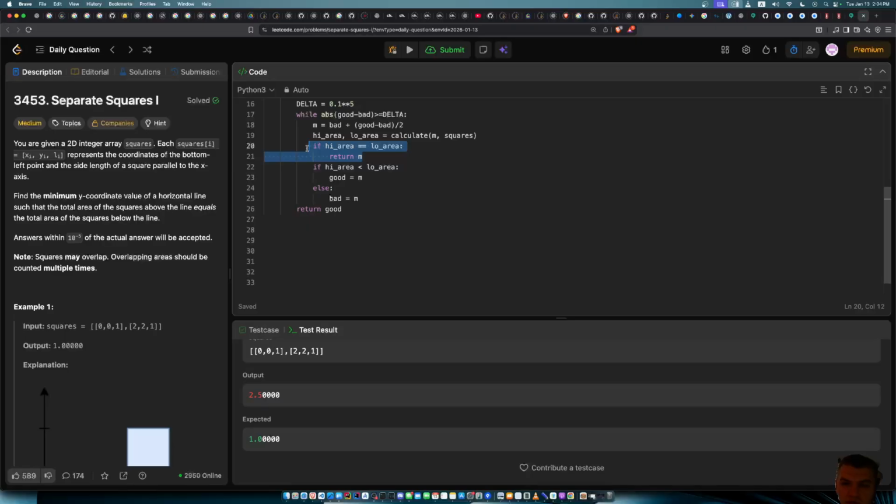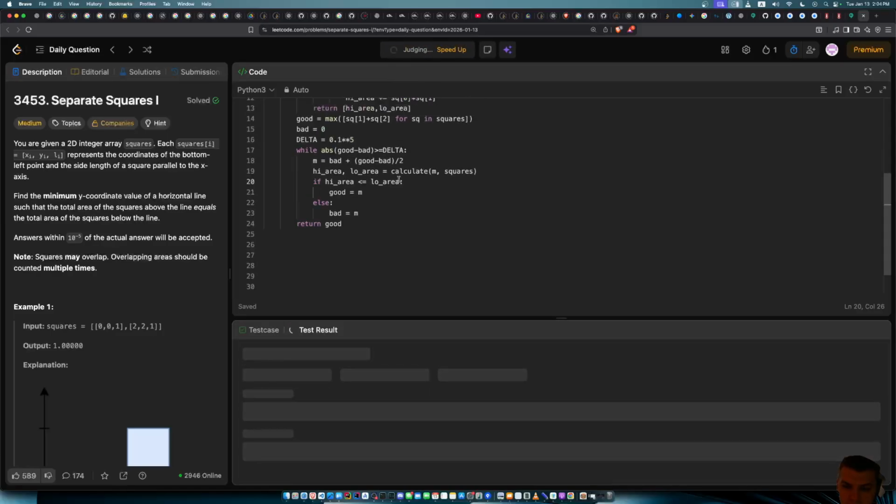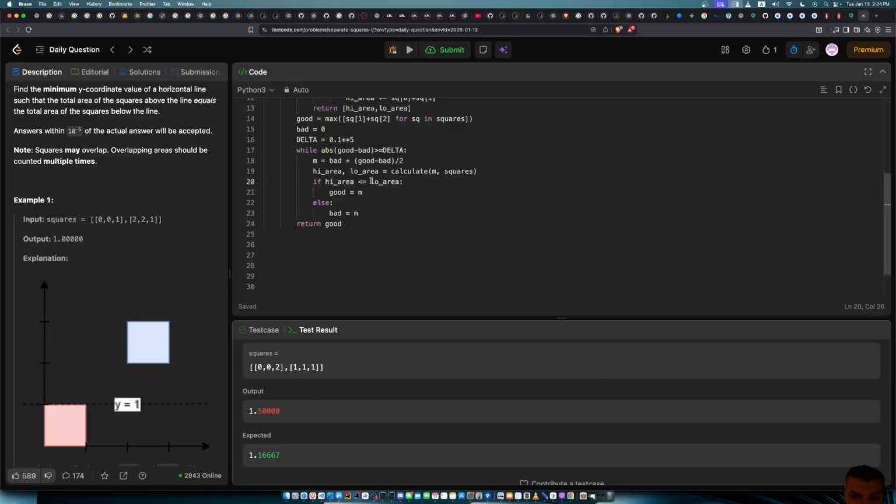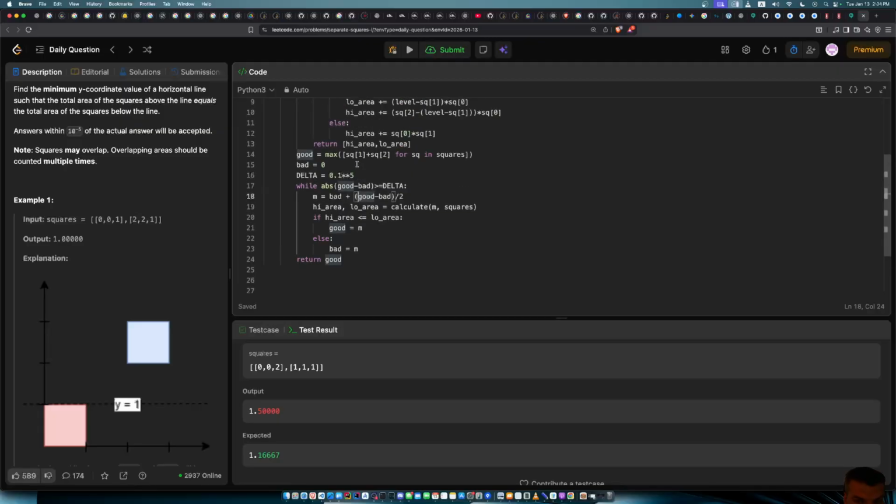Okay, so first of all I need to go... It's still not the right answer. So let's print these interim values.